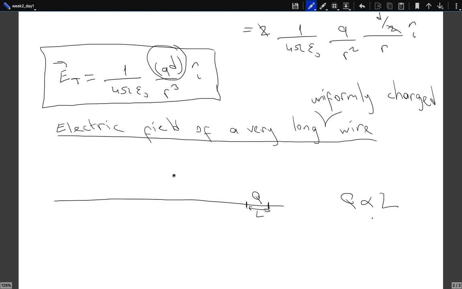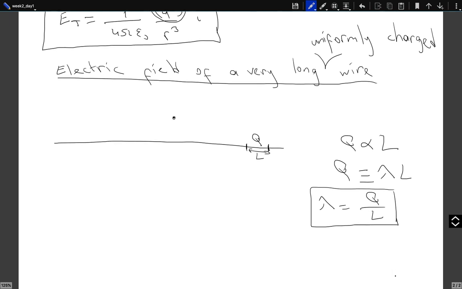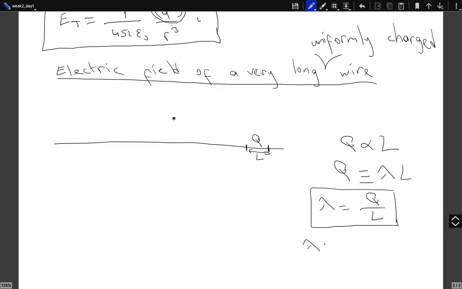We call that proportionality constant lambda, so Q equals lambda times L. Lambda is the linear charge density, the charge per unit length.